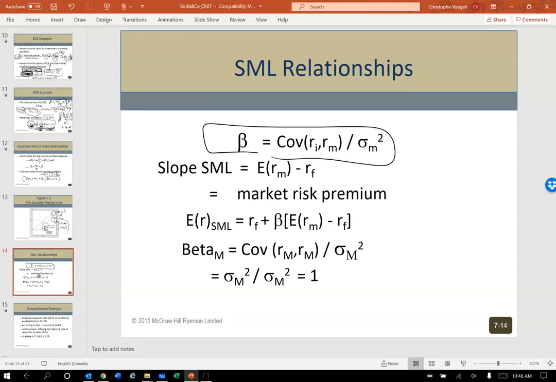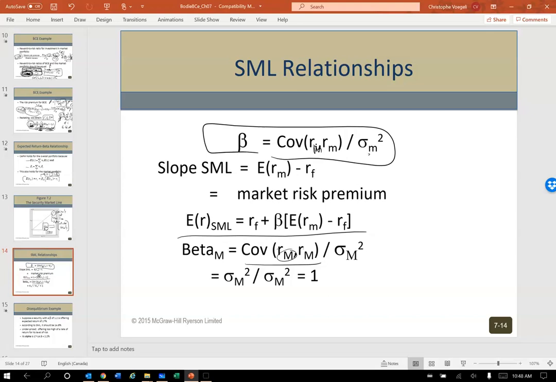So when we put the CAPM for the market, we end up getting what looks like this. And the covariance of the market with itself divided by the market, so make this I and M, and you get, of course, the variance of the market.